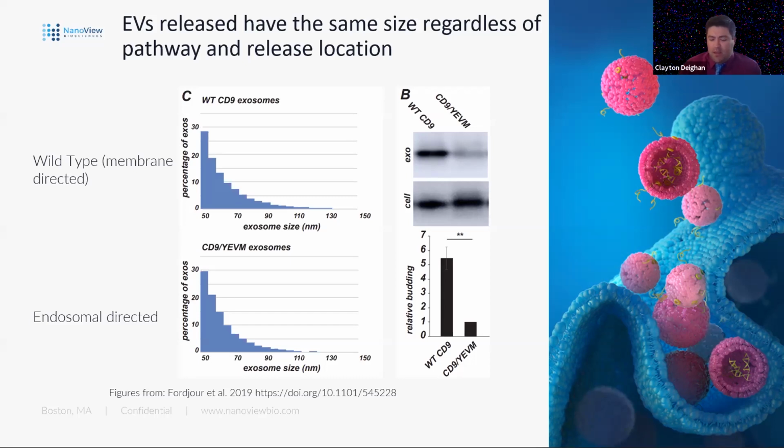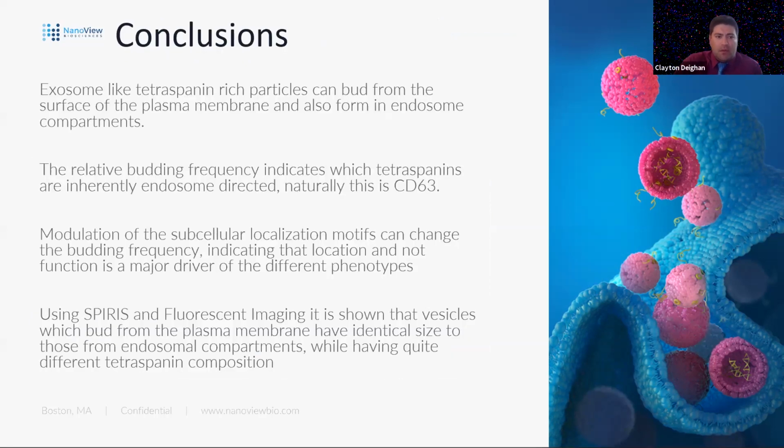And we find the budding changes appropriately, that plasma membrane budded vesicles dominate in either case, and the endosomal membrane vesicles are the lower fraction, and that their size is not really influenced by the tetraspanin content. The incorporation of the tetraspanins is mainly driven by their local availability, depending on where they've been directed to.